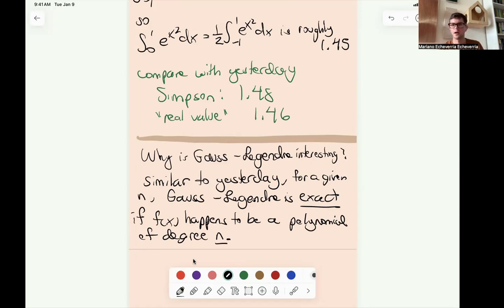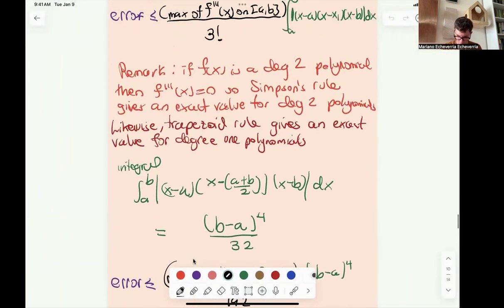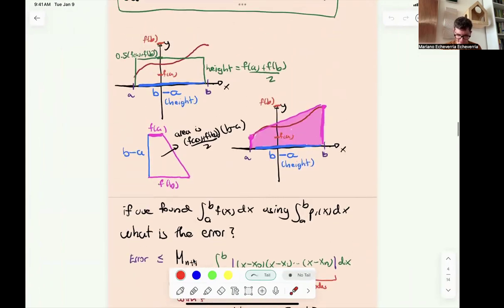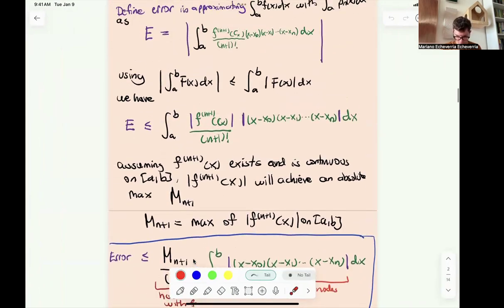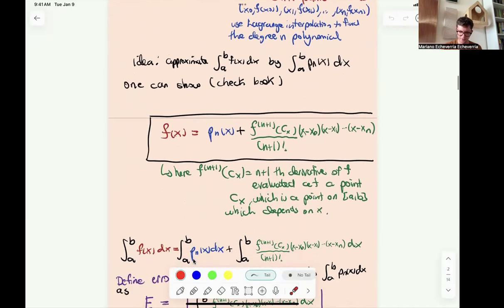And that is just because, like yesterday, maybe I can go to yesterday's notes to tell you why that happens. If you remember the error estimate, whenever you have a polynomial, the error estimate had to do with the n+1 derivative.